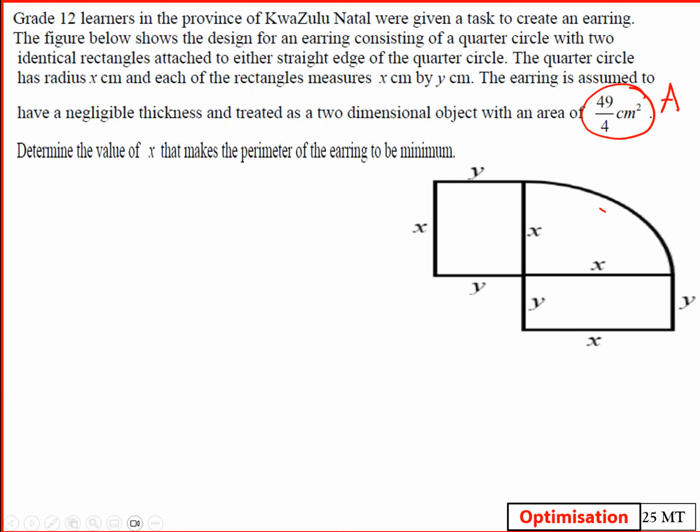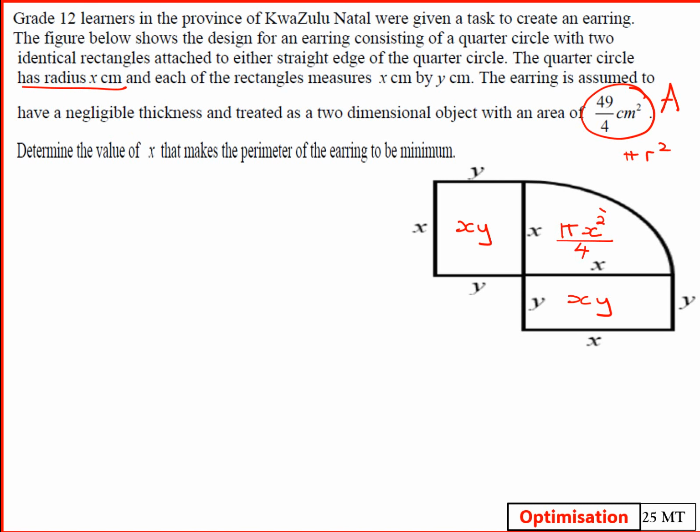Now let's try and find the area of the shape as it is. The first rectangle, area of a rectangle is length times breadth, which is x times y. It's an identical rectangle, so that's also x times y. The area of a circle, just to remind you, is pi r squared. So this is pi x squared because the radius is x, but it is a quarter of a circle, so we divide by 4.